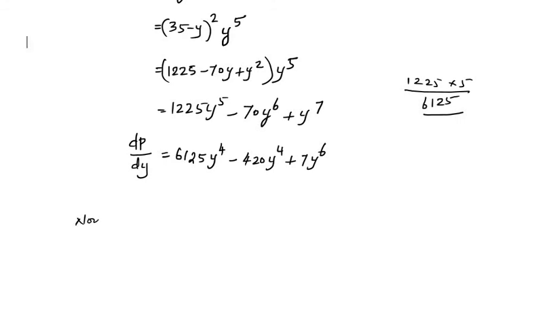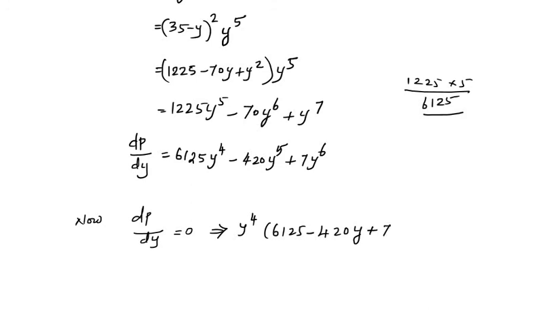Now, to get the critical point, I must solve dp by dy equal to 0. This gives 6125 y power 4. From here I can take y power 4 common, then 6125 minus 420y, here y power 5, after differentiating, and plus 7y square, that is equal to 0.